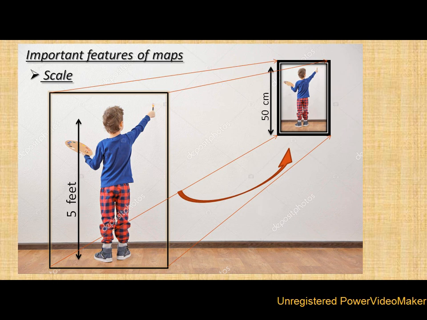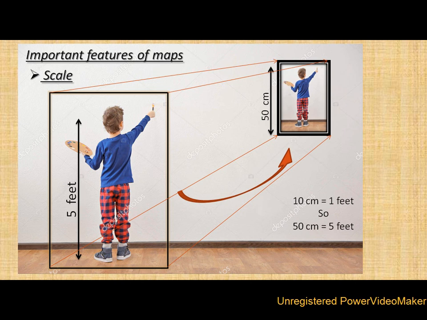So for this you have to use some measurements and some formulas. Here we are going to make one formula. We take the measurement like this: 10 centimeter is equal to 1 feet.